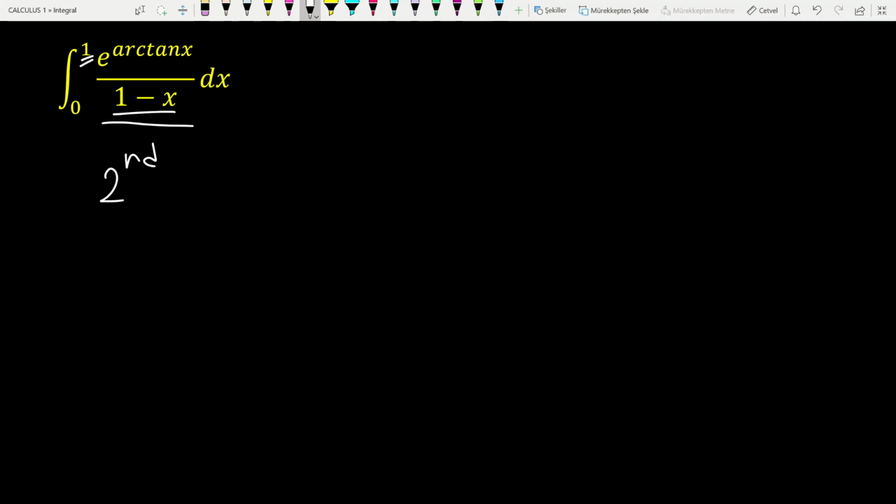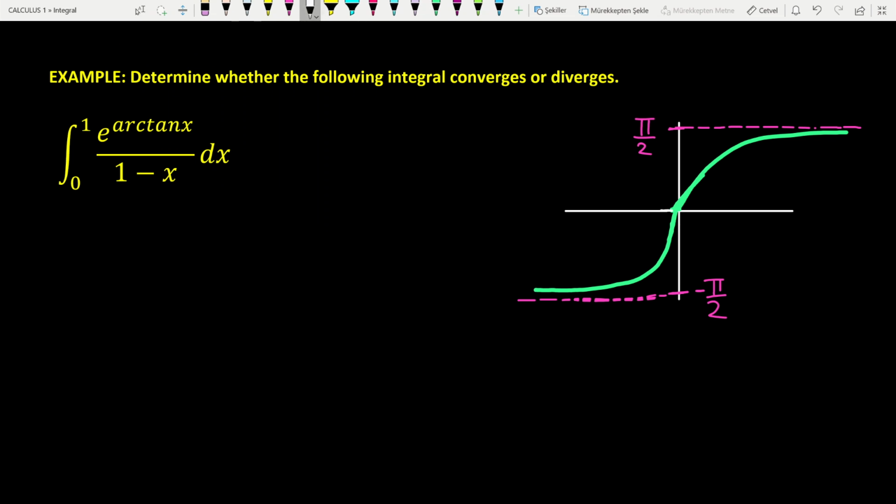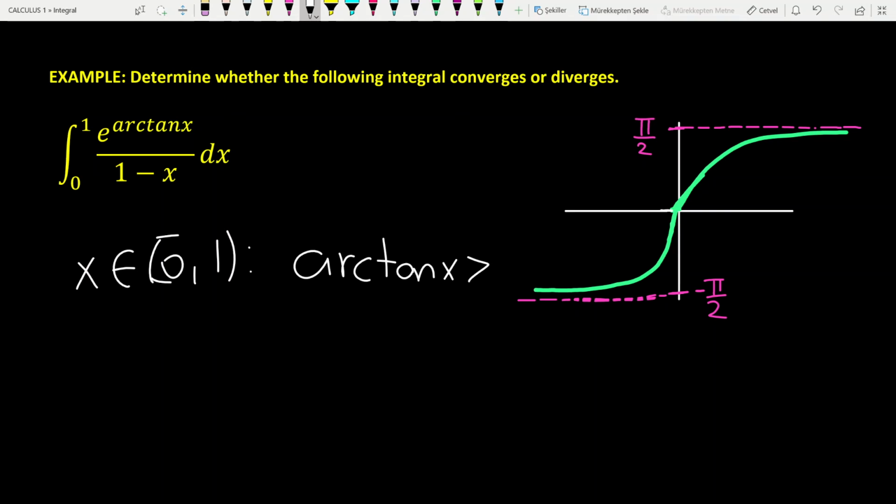I think it's important to remember the graph of arctangent x. This is the graph of arctangent x, and as you see, when x is in this interval from 0 to 1, 0 closed, 1 open, we know by this graph that arctangent x is greater than or equal to 0, right?